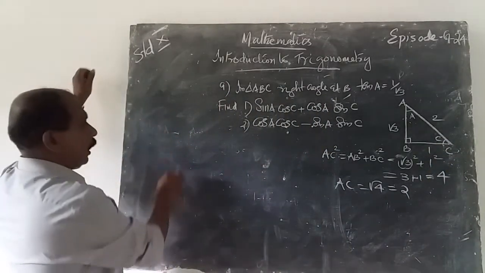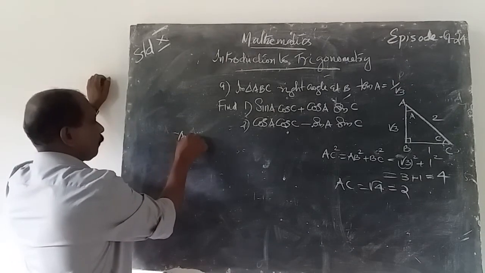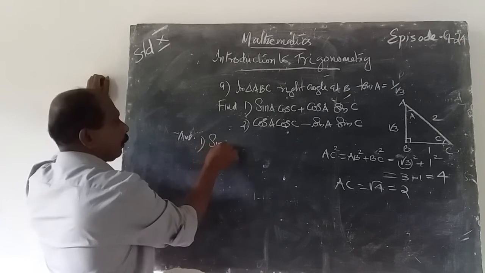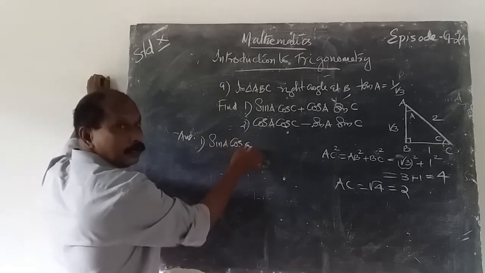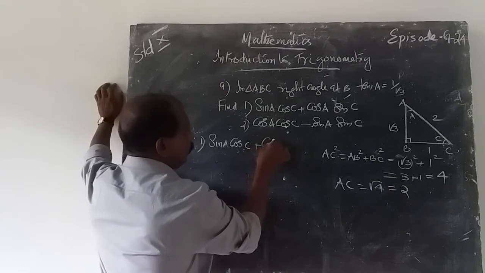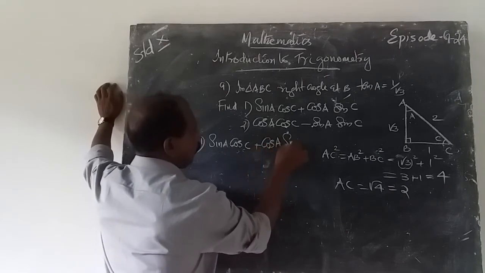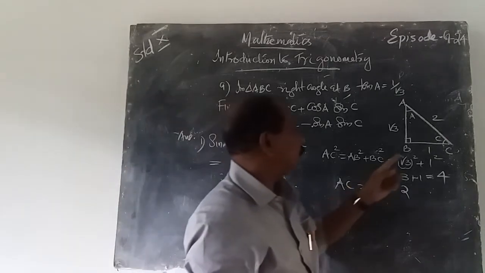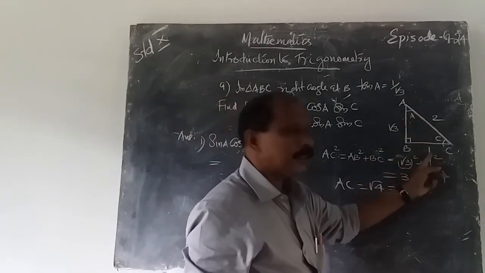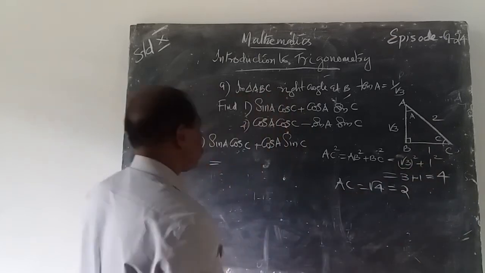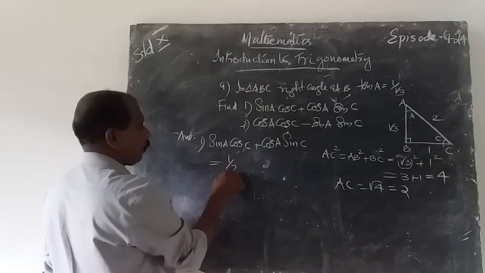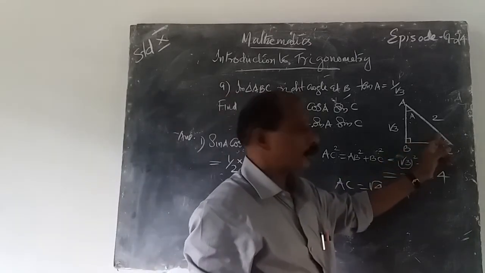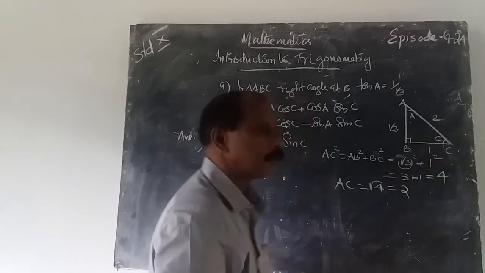Then first question. Sin A cos C plus cos A sin C is equal to, what is sin A? Opposite side by hypotenuse. Cos C is adjacent side by hypotenuse.